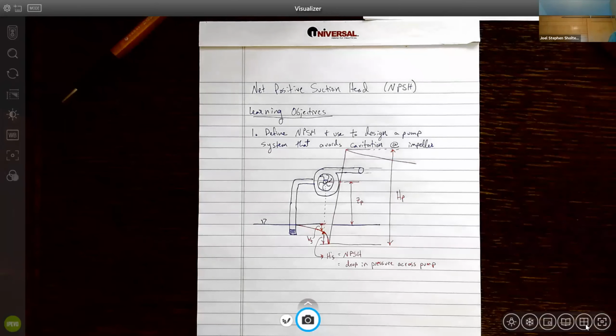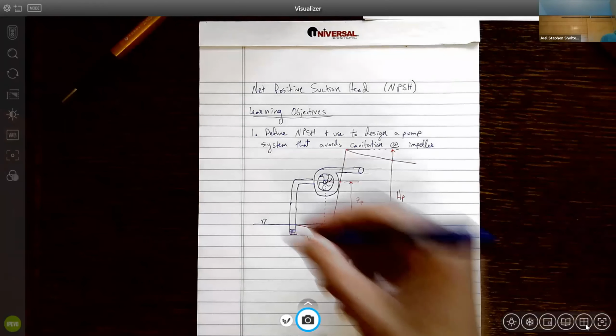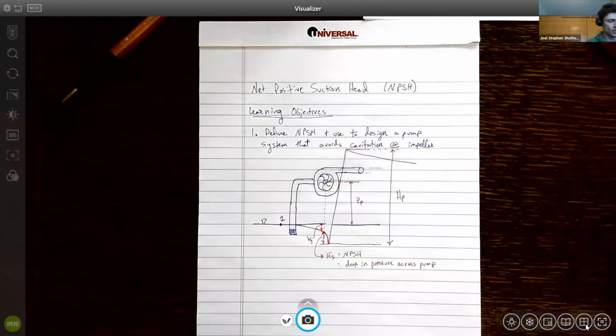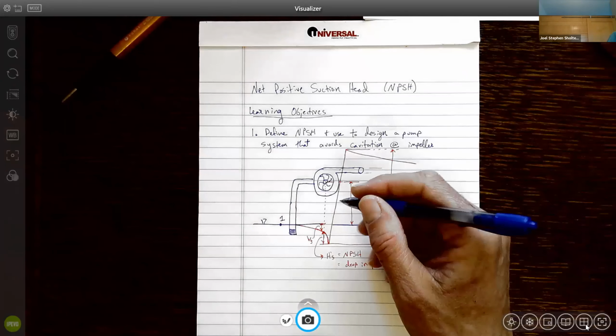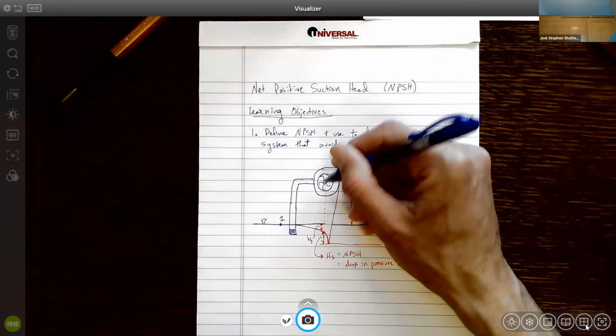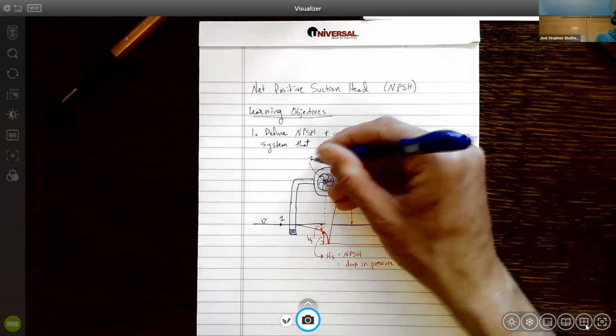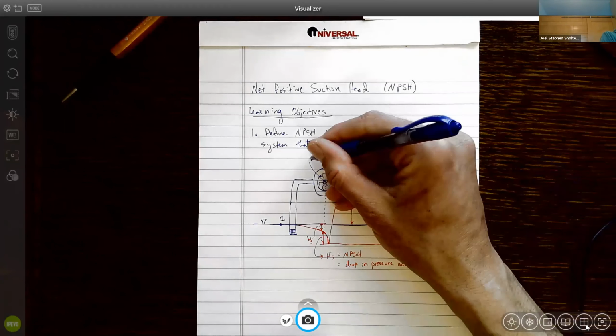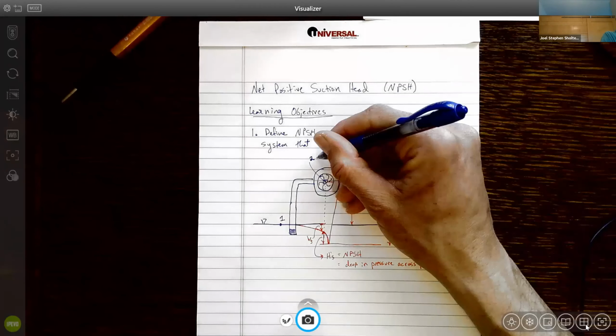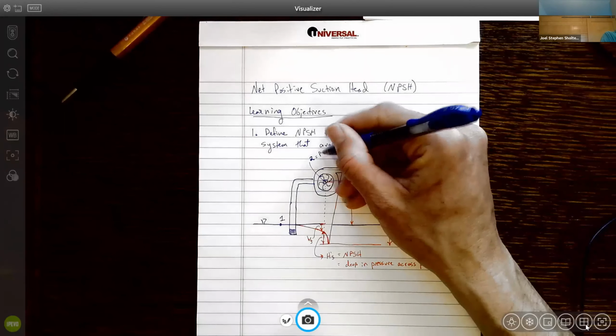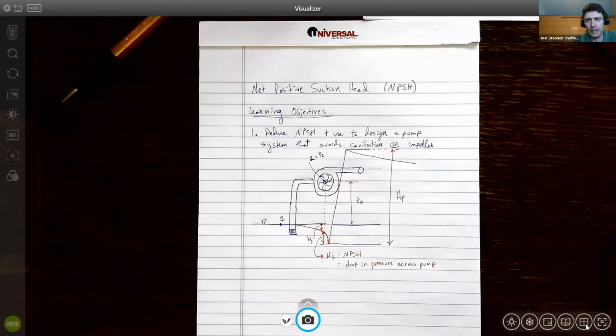So let me write some numbers here. If this is our first point, we just have the energy associated with the elevation of the water. There's no velocity, no gauge pressure. Then we get to the eye of the impeller, which we'll call point 2. This is the available pressure in the system.